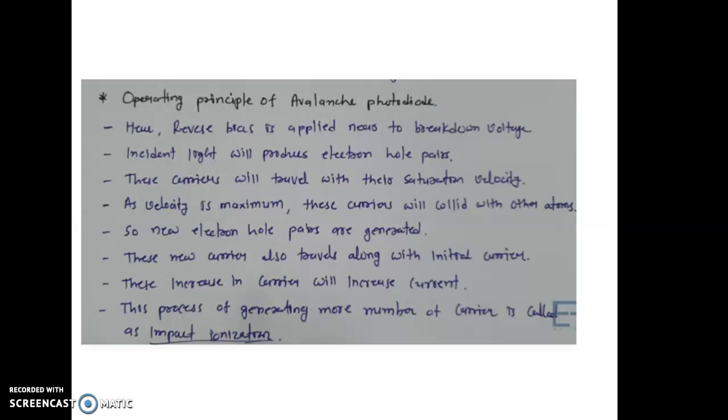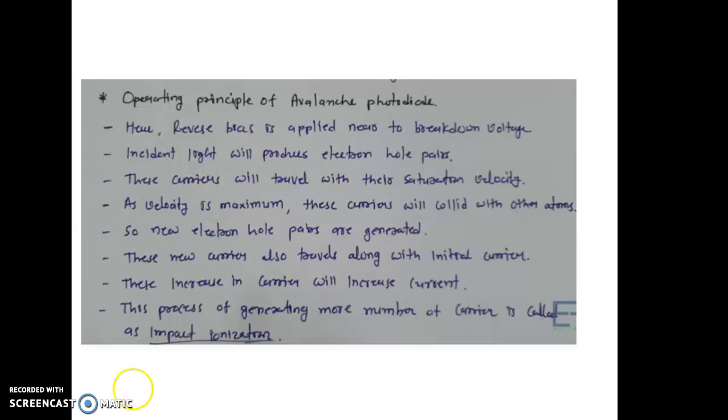This is called the avalanche. These new carriers also travel along with the initial carriers. Therefore, this increase in carriers will increase current.